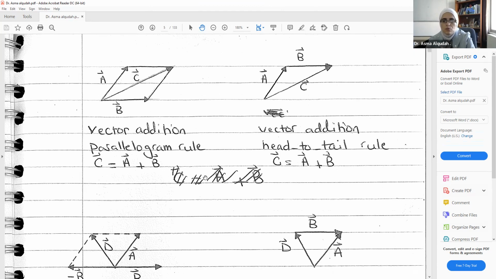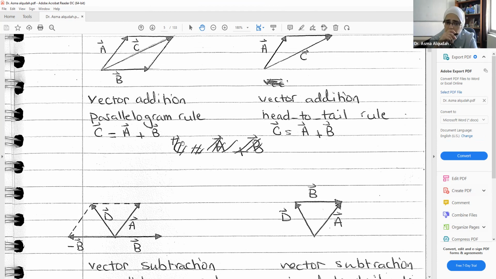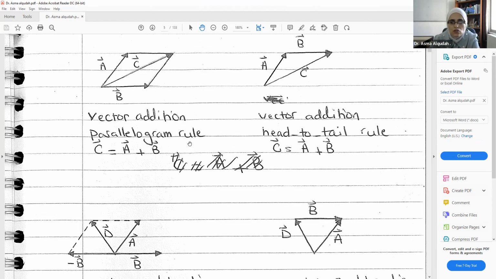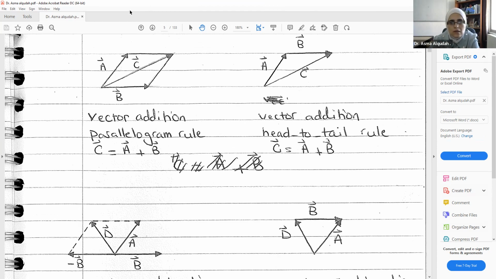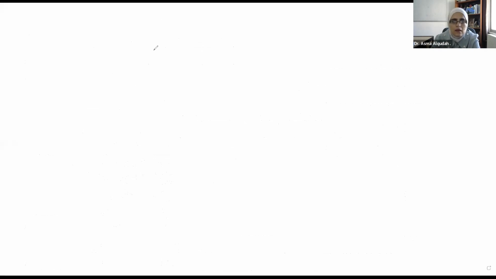And we reached this point where we can find the vector addition of two vectors using two rules. The first rule we mentioned is the parallelogram rule. We assume that we have two vectors.